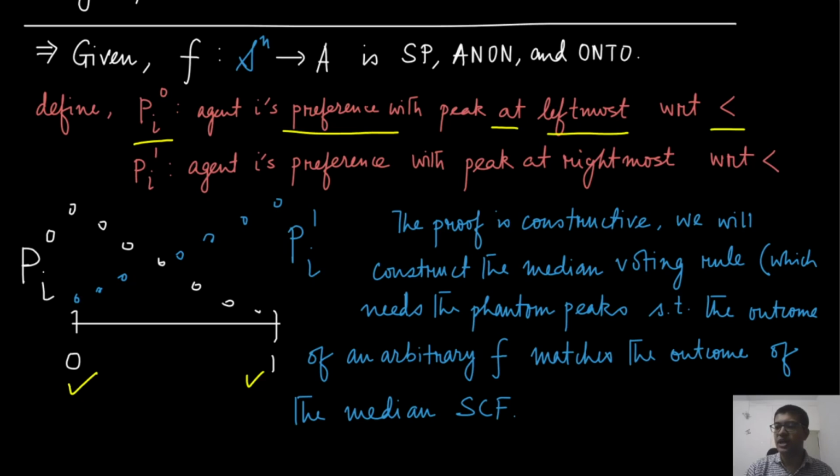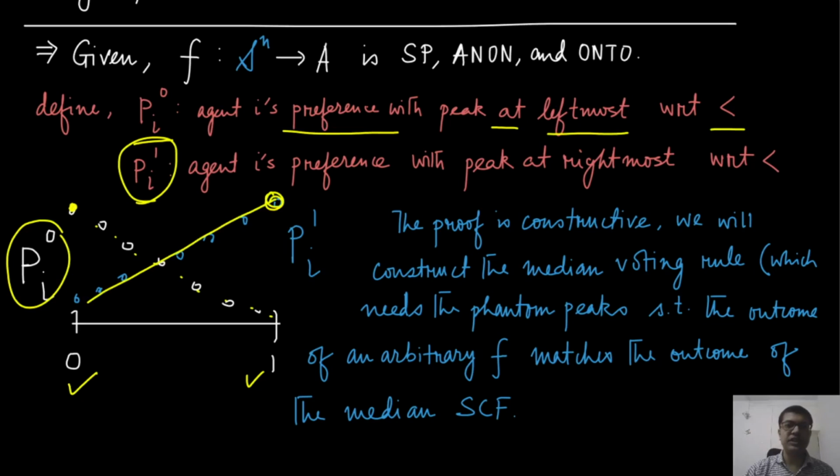So pi0 would look something like this. The topmost one is on the left, and it monotonically decreases because we are only considering strict preferences. Similarly, pi1 is the agent's preference where the peak is at the rightmost. This is here, and it decreases in this way.